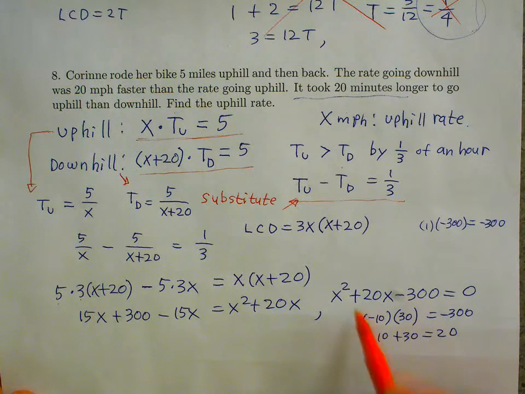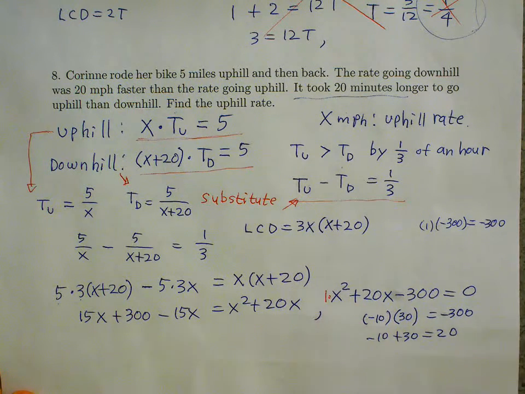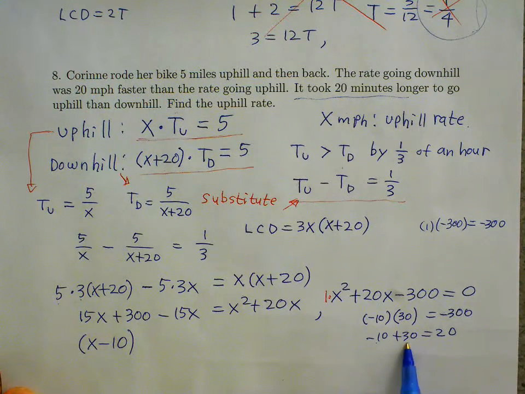And also remember the abbreviated AC method when the coefficient of x squared is 1. And we find the two integers. One is negative 10. That means one of the factors is x minus 10. The other factor is x plus 30.